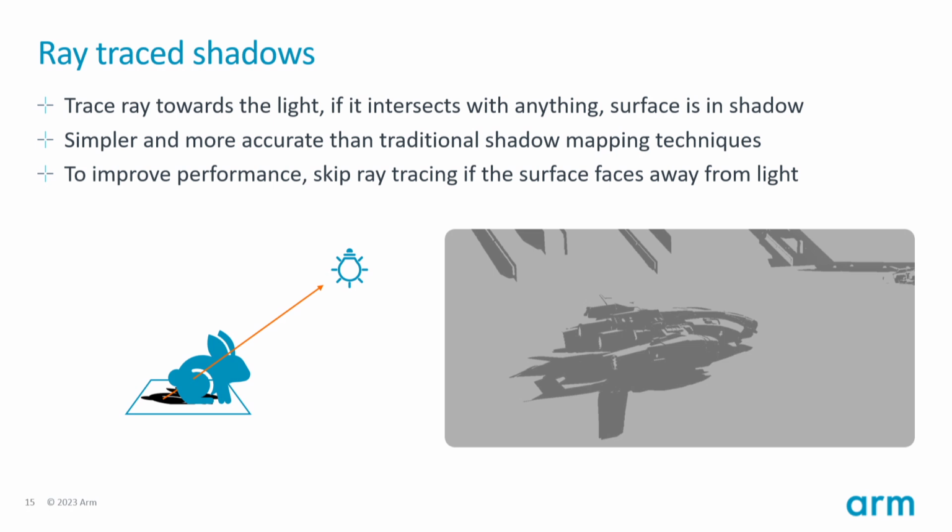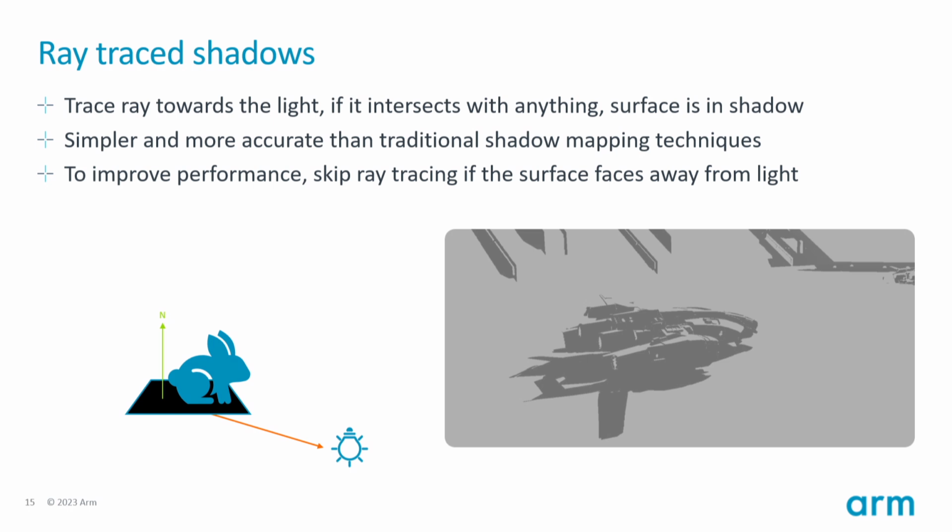As a simple optimization, we recommend to first check the angle that the ray makes with the surface normal. If the angle is less than 90 degrees, we can proceed to trace a ray.